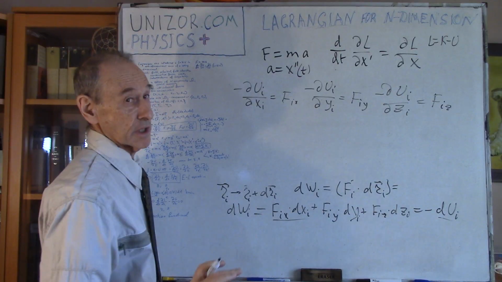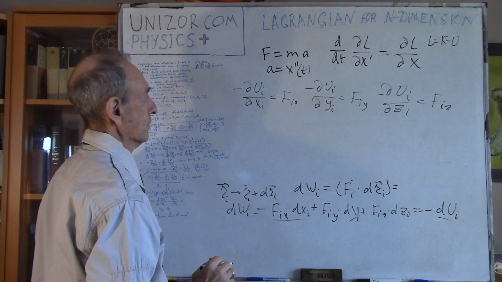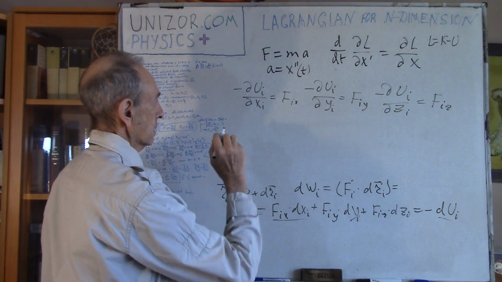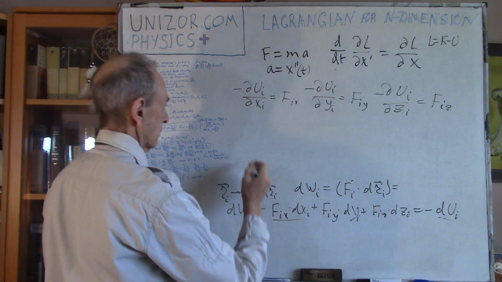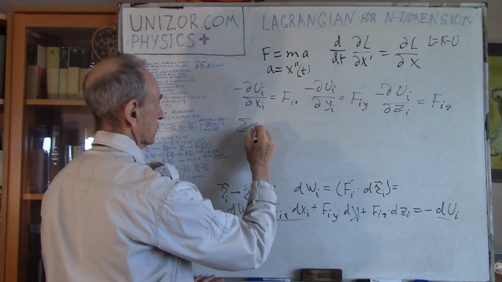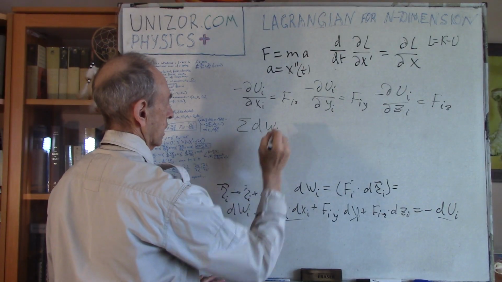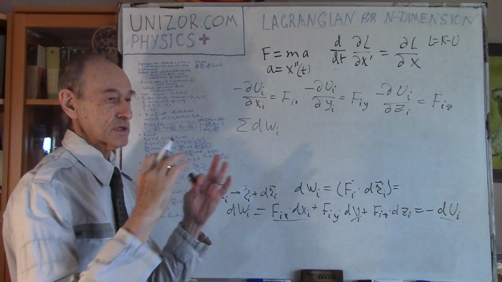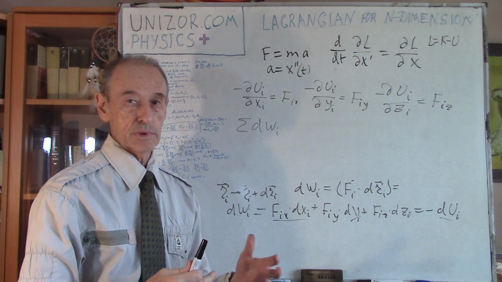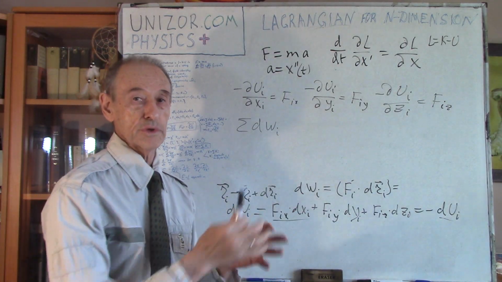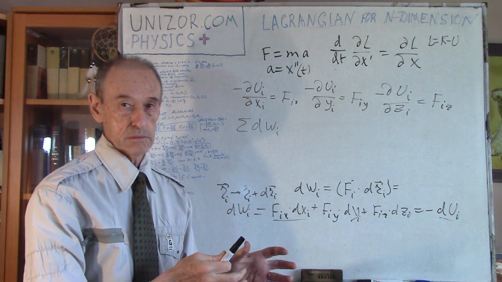Now, just a little detail in this particular case. The sum of these, if I take the sum of dwi, gives me the total amount of work the whole system is doing, moving its own objects, right?